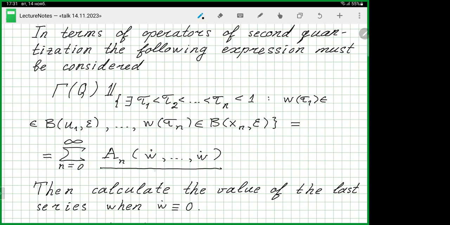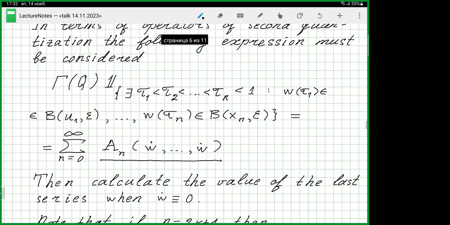Because in those cases, when W dot is equal to 0, evidently AN is equal to 0. But let's keep in mind that this AN is an analog of a Hermite polynomial of degree n. And we just have seen that its value when the argument is equal to 0 is not necessarily equal to 0. So we need to do several steps. We need to calculate this conditional expectation, the application of the second quantization operator, and we need to find the kernels of AN and then its values at the point 0.